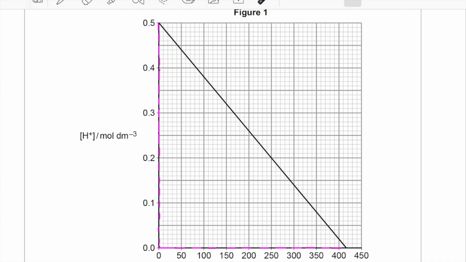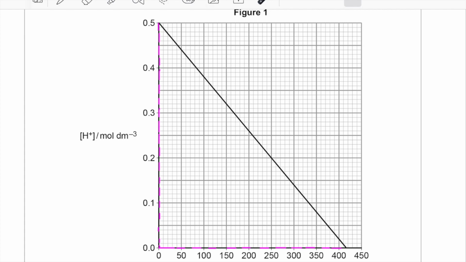I think you make your life easier when doing gradients if you can go, and it's not always possible, but if you can go to the axes. Because I already know that this is 0, I only have to read this value, and I only have to read this value to know my changes in x and my change in y.